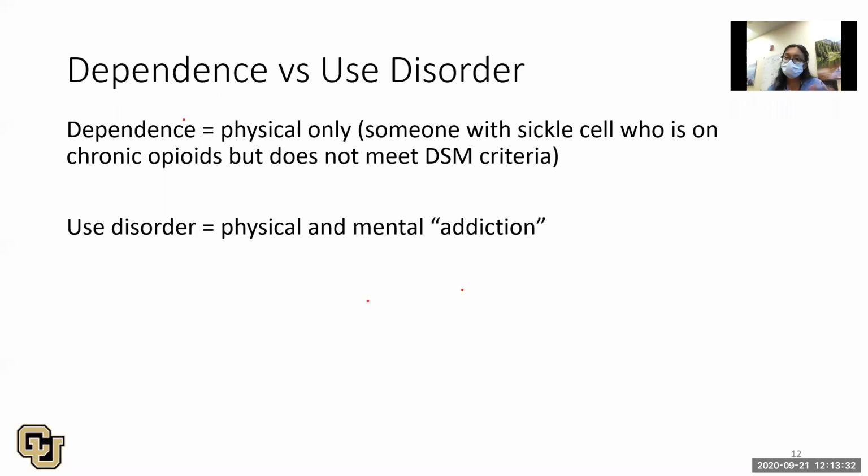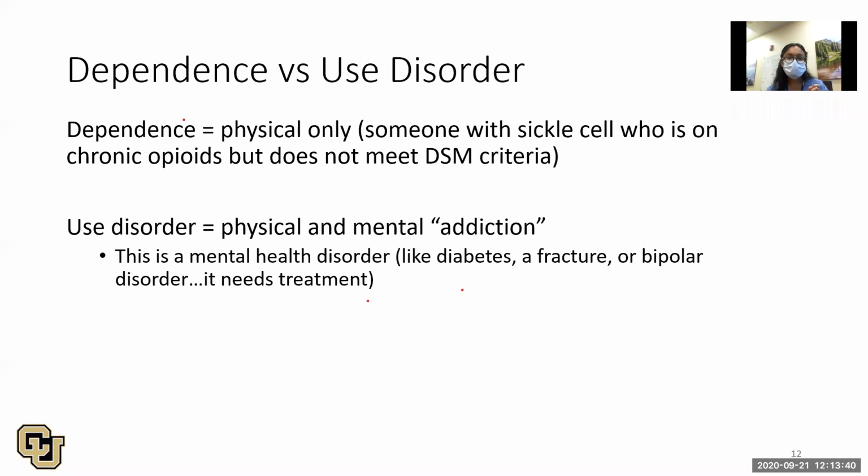But they don't necessarily meet a DSM criteria for opioid use disorder. The use disorder is truly a mental and physical, quote unquote, addiction. And remember that this is a mental health disorder. Similarly to how we would treat diabetes, fracture, or bipolar disorder, this is a disease that needs treatment.